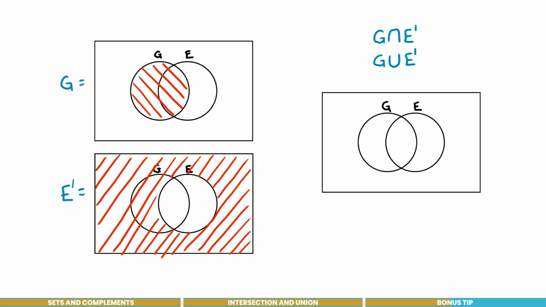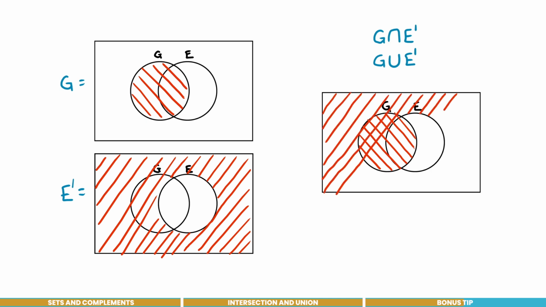Now, combine these shaded regions onto the same diagram, and with practice you probably won't need to use the first two sketches. When we combine them on the same diagram, we'll have something that looks like this, and this combined diagram will be the same whether the questions concern the intersection or the union.